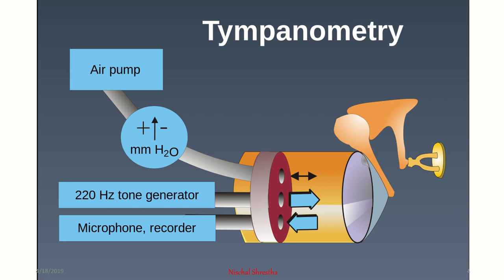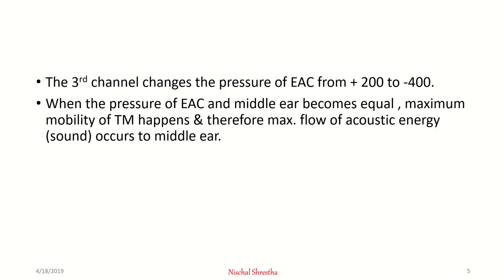And when the sound returning back is less, we can suspect that the tympanic membrane is more mobile in certain cases. We will discuss the cases in the coming slide.